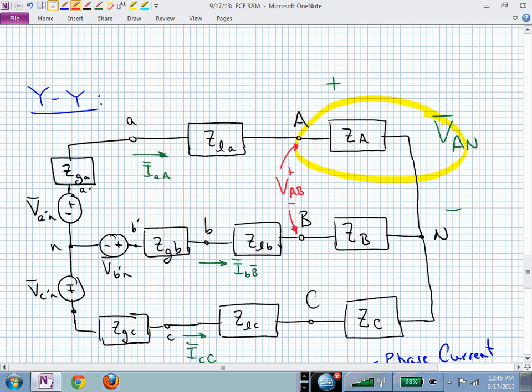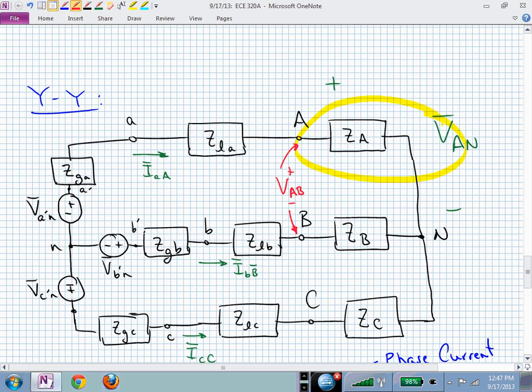But V sub AB is called the line voltage. For short, it's actually the transmission line to the transmission line voltage. And you need to make sure that it's clear that you know the difference between phase voltage and line voltage. In this configuration, the phase current is in fact the line current.